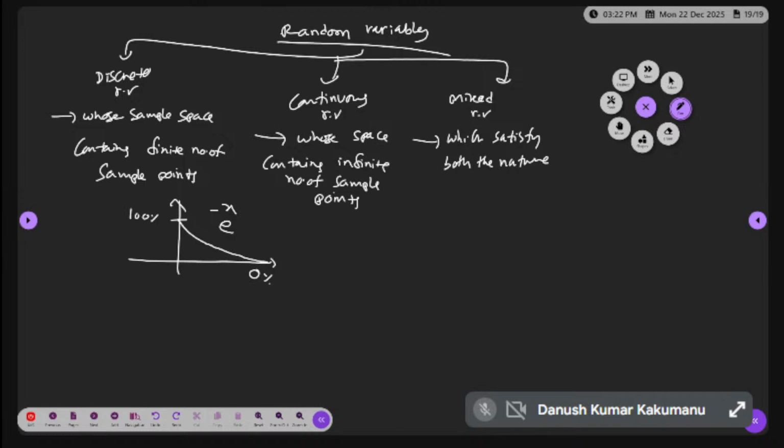Radioactive element, bacteria. Which one is exponentially decaying? Radioactive element, all of you know. Bacteria also you know. The radioactive element exponentially decreases.